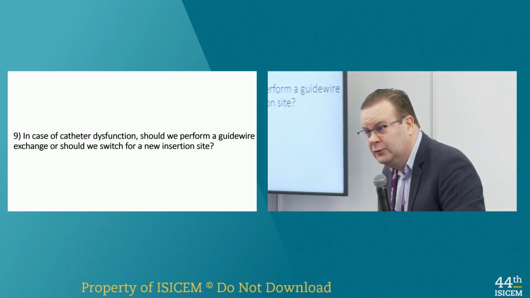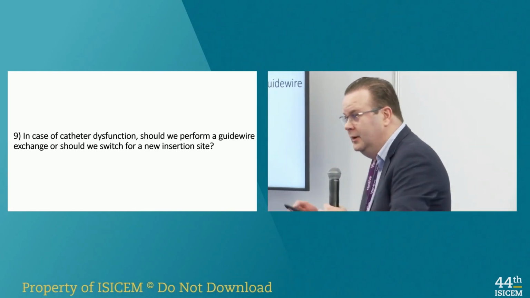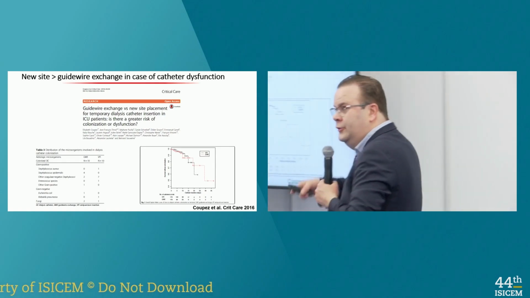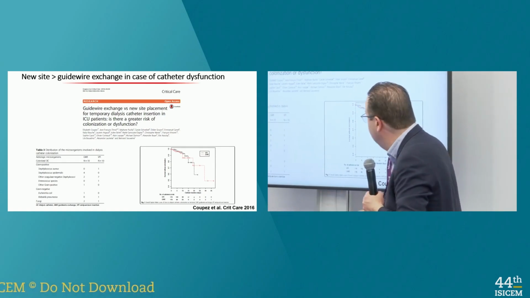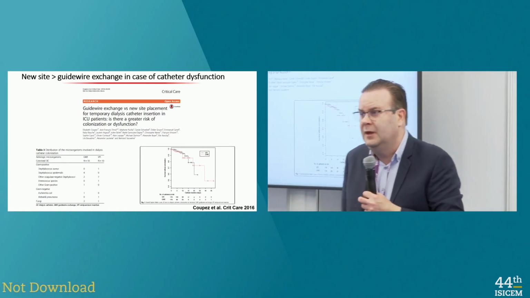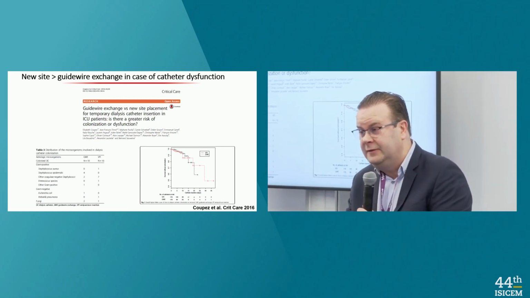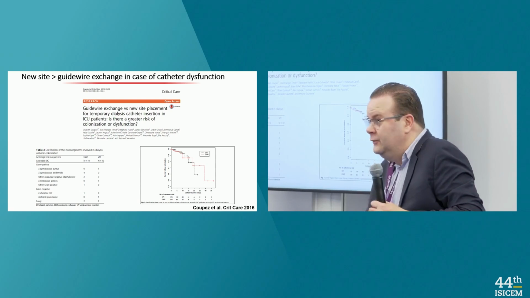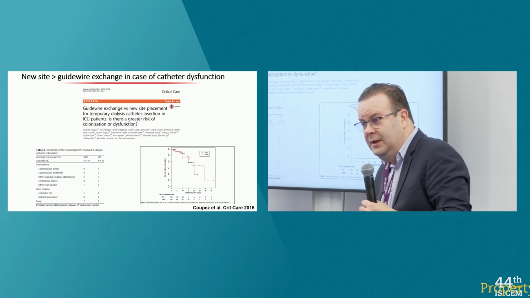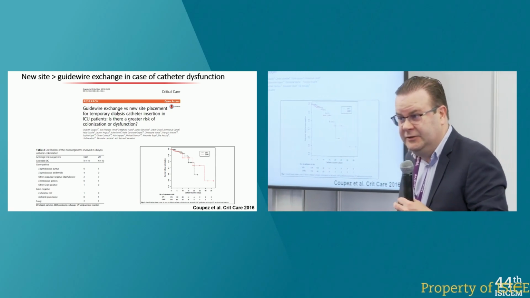If you do a randomized controlled trial and you compare, and the outcome is new catheter dysfunction, then it's better to switch. If you can switch to another site, it's better. But sometimes you cannot, because other sites are occupied. Then you do a guide wire exchange.